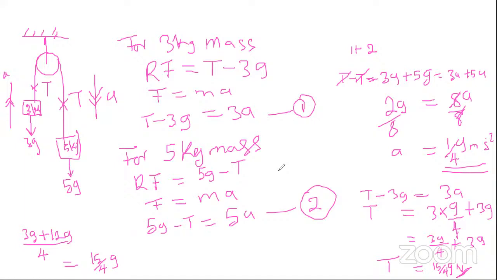Remember, even in O level you were using 10, isn't it? But the exact one should be around 9.81. We just make approximations because we want to simplify our calculations.